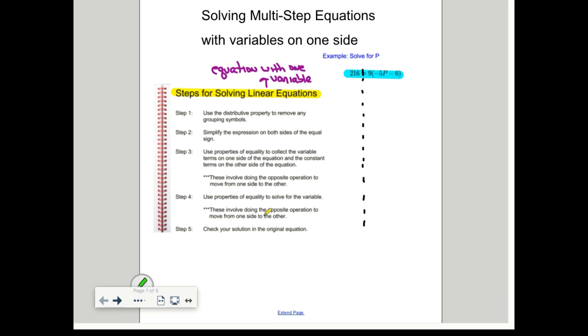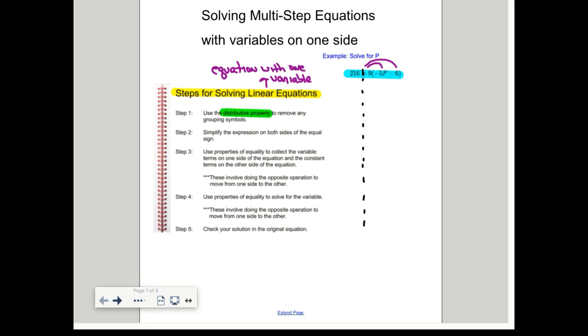The first step says, use the distributive property. You all know what that distributive property is, to remove any grouping symbols. So if I look at my example, I have grouping symbols. I have parentheses. So I need to multiply the 9 times the negative 5p and the 9 times the negative 6.